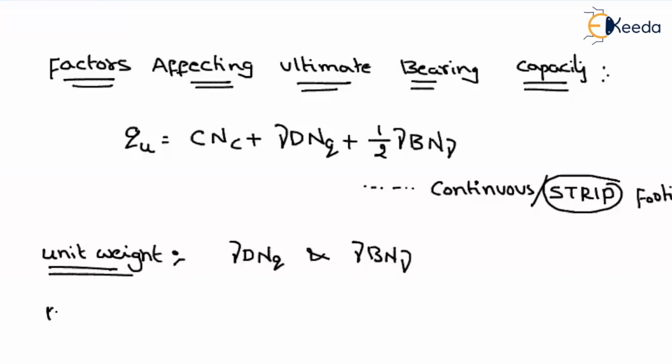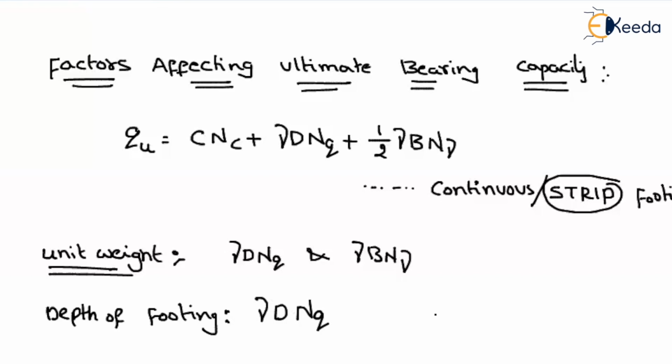Now let us talk about the depth of the footing. In how many terms do we see the depth of the footing? Only in gamma D Nq. Obviously in this equation, if the depth of the footing increases, then this term will increase, and that leads to an increase in the ultimate bearing capacity.